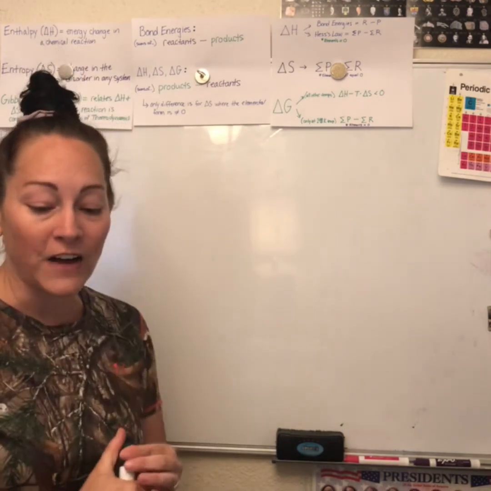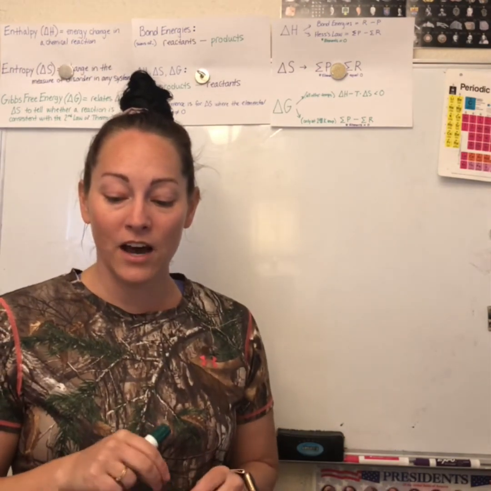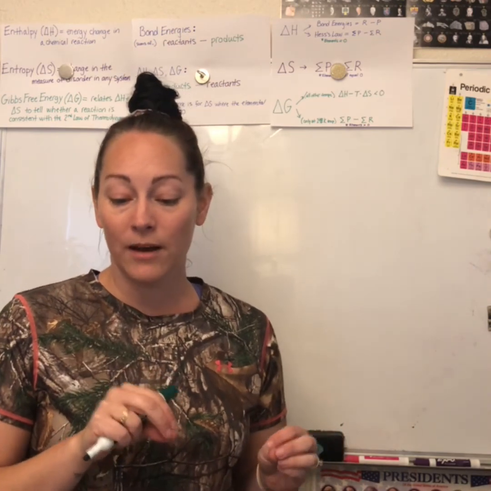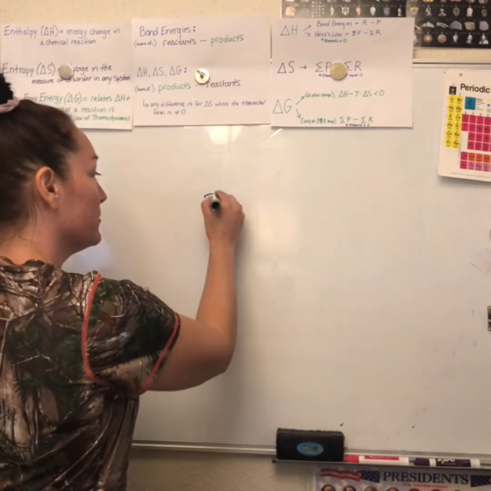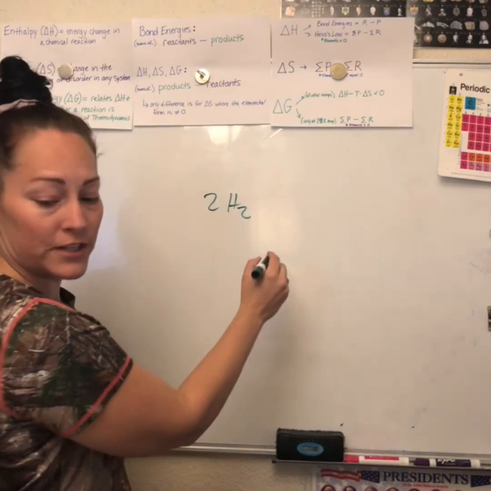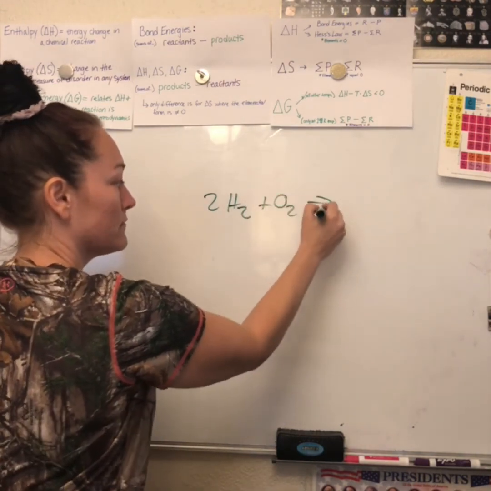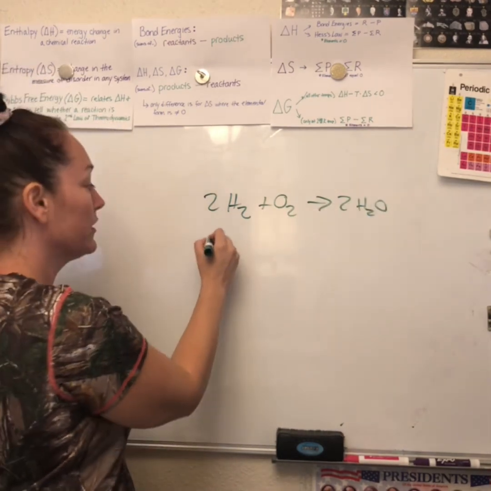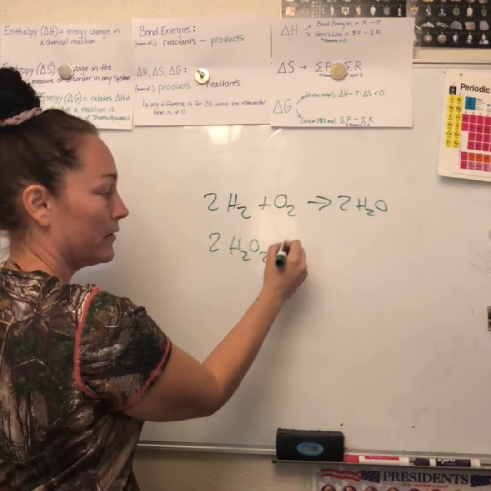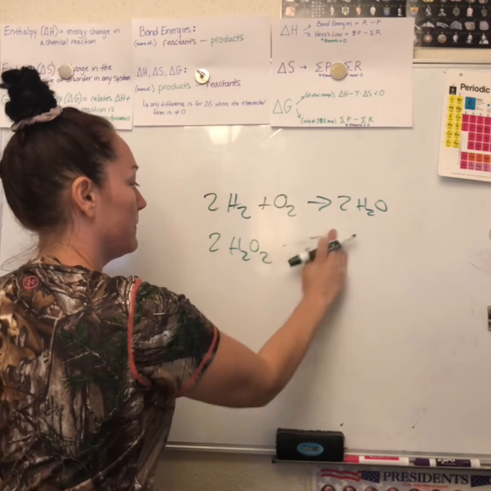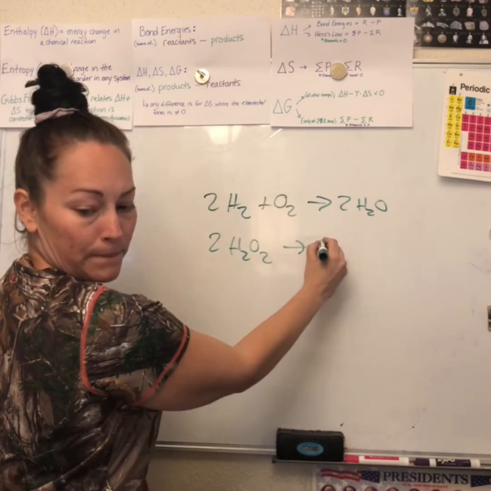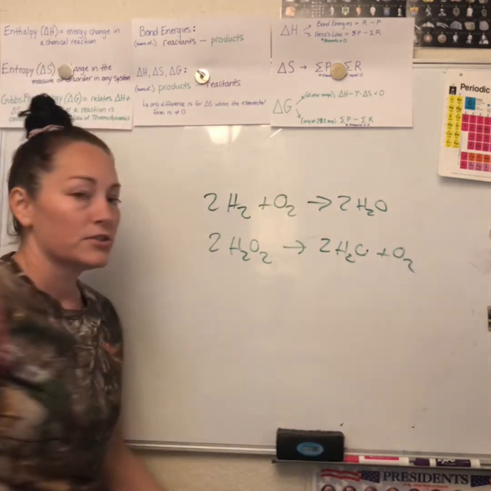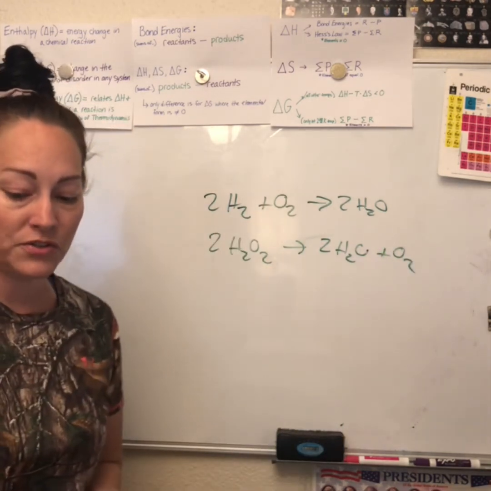If I'm trying to find the enthalpy of water, so the change of energy in a reaction with water, they give you 2 different equations. This one, 2H2O, and they give you this one, 2H2O plus O2. So they give you these 2 different reactions.